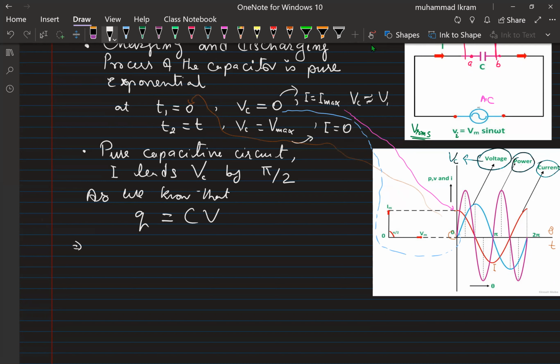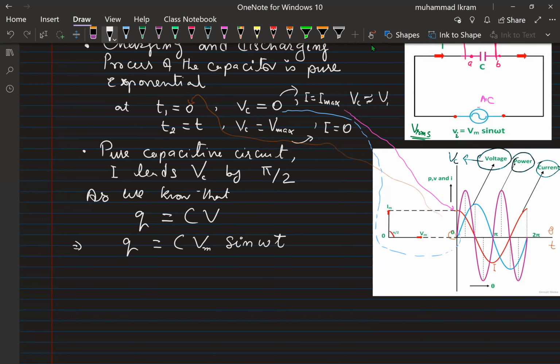So this implies that Q is equal to C into Vm into sine omega t.